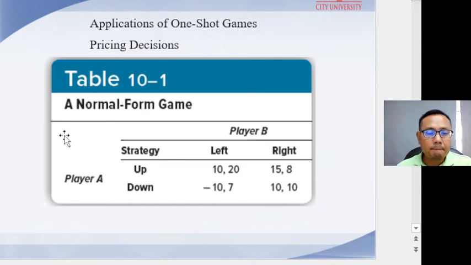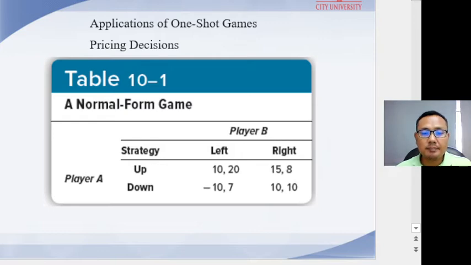There are two players whom we call A and B, to emphasize that the theory is completely general. The players can be any entities engaged in a situation of strategic interaction. If we wish, we may think of the players as the managers of two firms competing in a duopoly.